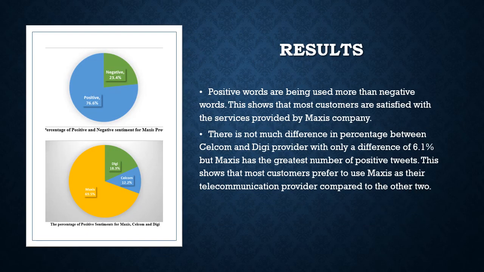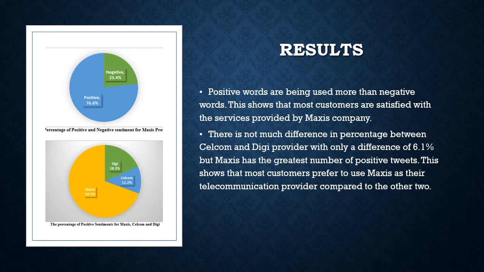From the results obtained here, the first chart represents the positive and negative percentages of Maxis' customers. It seems that Maxis has 76% positive feedback from customers, which shows that customers are mostly satisfied with the service being provided.